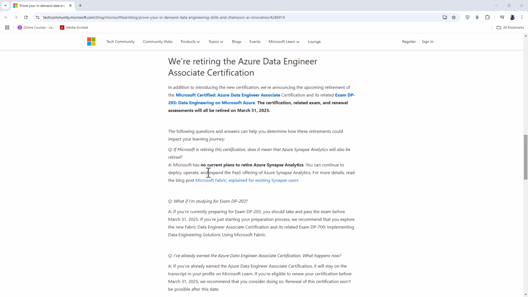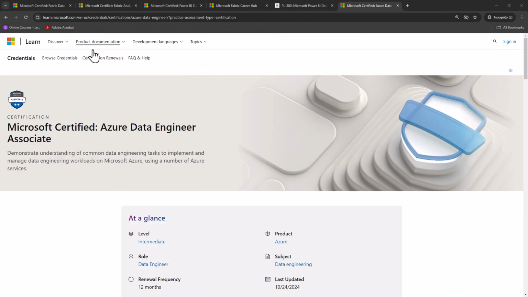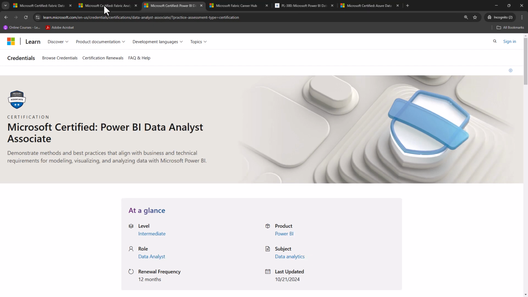Now, while Microsoft says it has no current plans to retire Azure Synapse Analytics, it is clear to me that with the withdrawal of the DP-203 certification, Microsoft is de-emphasizing Microsoft Azure in favor of Microsoft Fabric. So if this is the case, you might want to get certified in the new emerging technologies according to Microsoft, Power BI, and Microsoft Fabric.